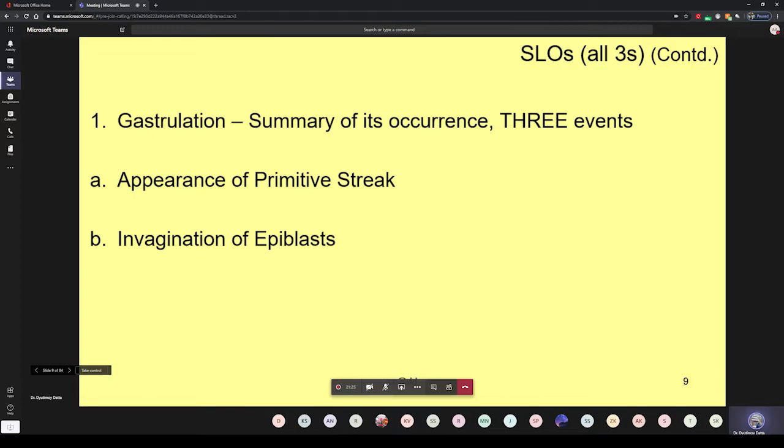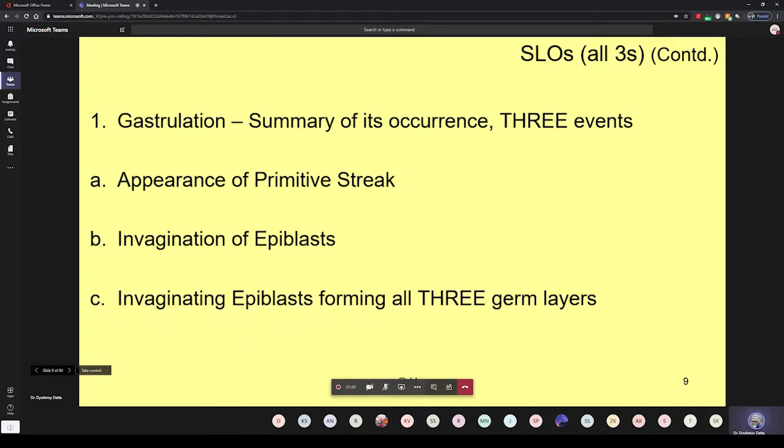Next is invagination of epiblasts. By invagination, within brackets, you can add one more word, migration of the epiblasts, to where these invaginating epiblasts are going to form all the three germ layers, namely ectoderm, mesoderm, endoderm.